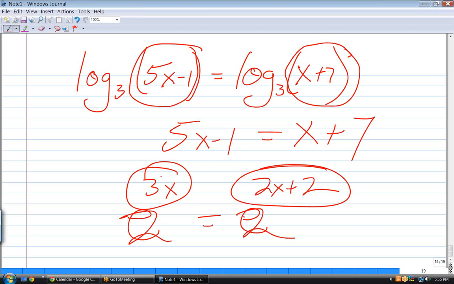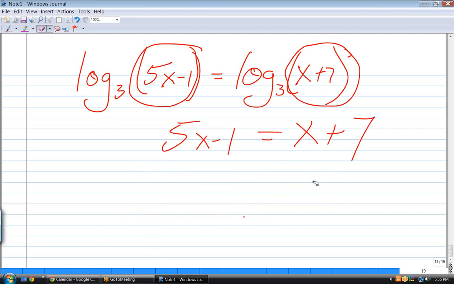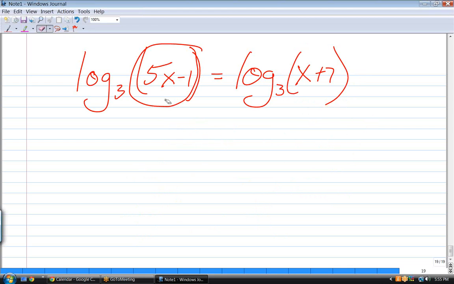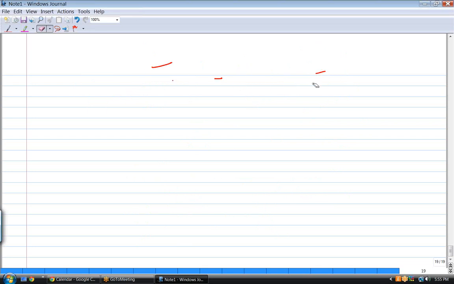If you have one base to an exponent equals the same base to a different exponent, you can equate the exponents. And you're not really doing division. Well, in that same sense, you're not really dividing by log base 3. It's okay to look at it that way, though. That's not harmful.